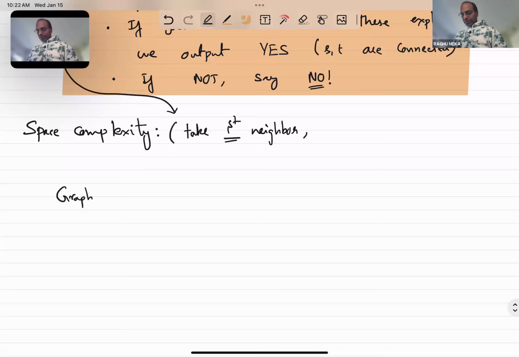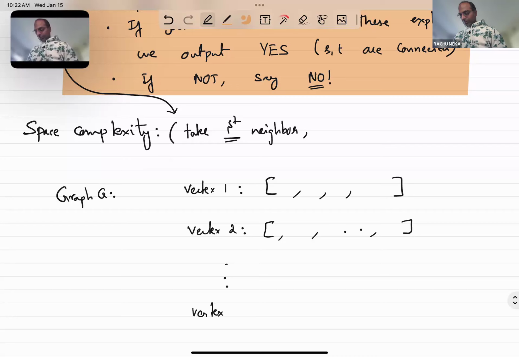Our graph G, let's say you have the adjacency list representation, meaning for each vertex, you have a list of its neighbors. I can say, starting from S, take the first neighbor of S.